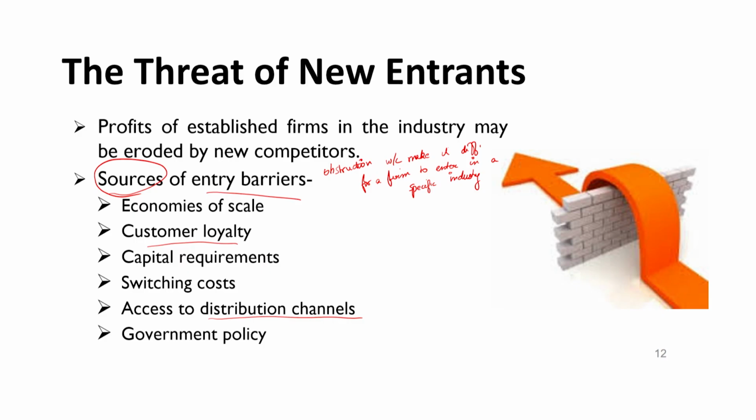Then we have government policy. Government, through their policies, can always make it difficult for any firm to enter into any specific industry. Then we have expected retaliation. Expected retaliation means when you know that if you will enter into that particular industry, the existing players will retaliate, maybe by reducing their price, or by doing aggressive marketing.